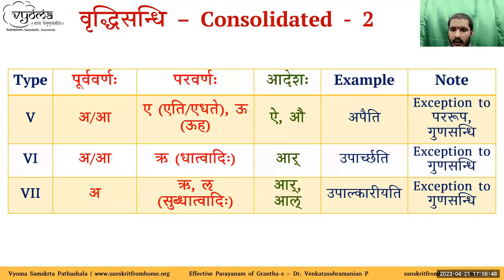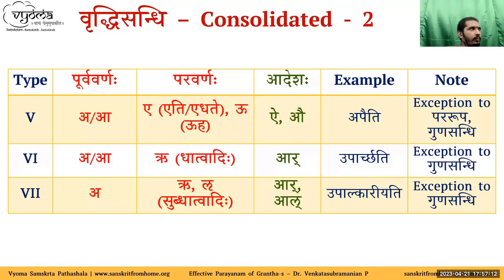We saw Upaiti, then Apaiti, Upaiti, Upaidhate. Then for Uha we saw Prashtauha, etc. So these are exceptions for Gunasandhi and Pararupasandhi.